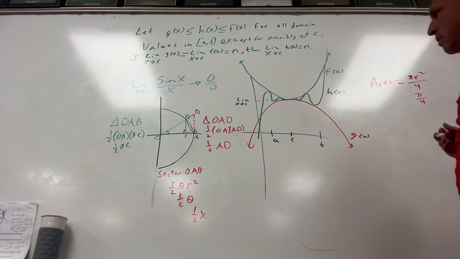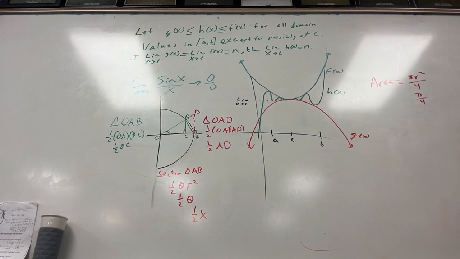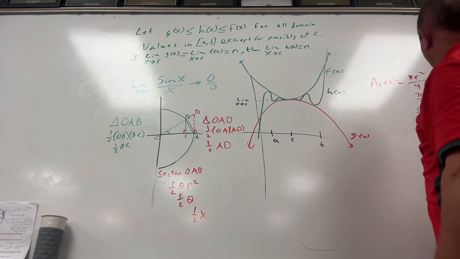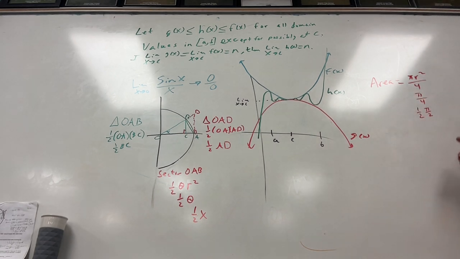But let's think about what that angle is. What is the angle for a quarter of a circle? 90 degrees, but in terms of radians, that would be what? Pi over 2. So we could turn this into 1/2 of pi over 2. So this is where we have 1/2 of theta, giving us the measure of that sector. Do y'all see that? Okay.